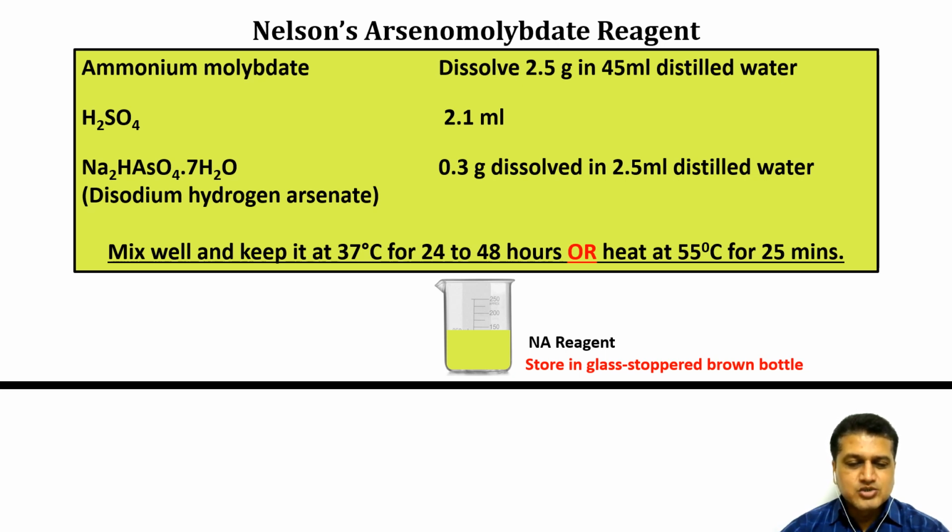Simultaneously, dissolve 0.3 gram disodium hydrogen arsenate in 2.5 ml water. Mix all well and keep it at 37 degrees Celsius for 24 to 48 hours or heat at 55 degrees Celsius for 25 minutes. Store this reagent in a glass stoppered brown bottle.